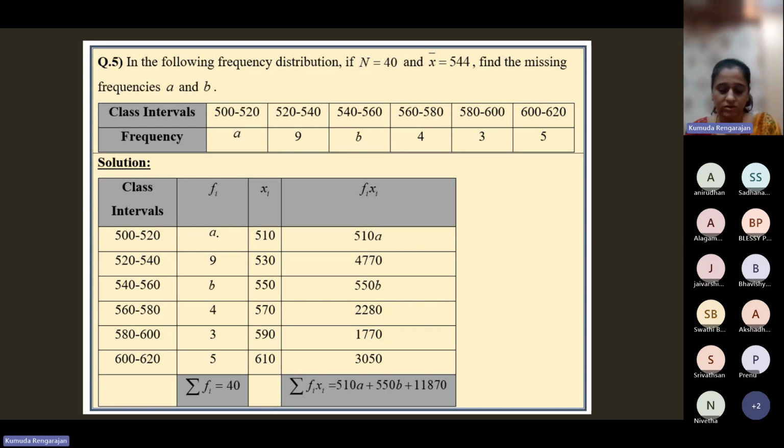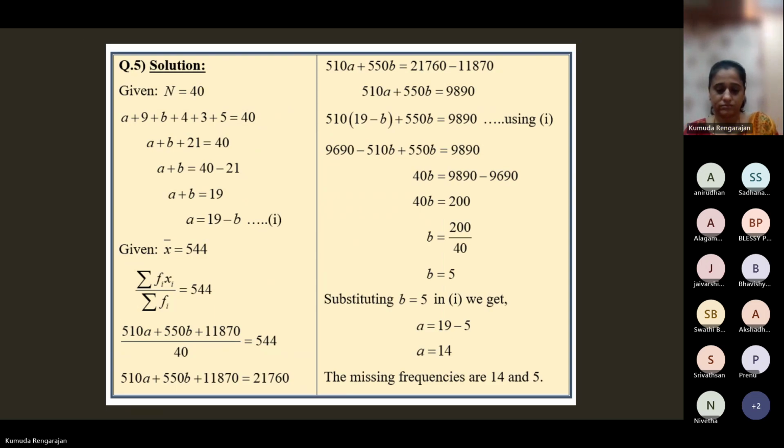I'll also share this image on WhatsApp so that if you have not finished, you can just use this image. You don't have to write question number 5 solution again because I have taken the next slide. I've just written it. You don't write that again. You can just continue with given n is equal to 40.